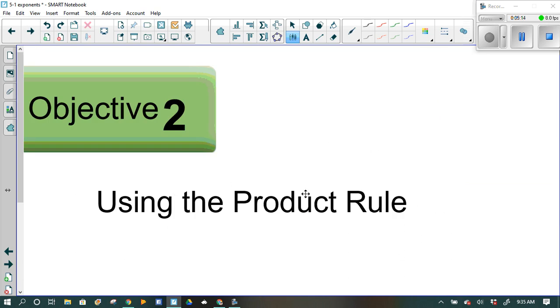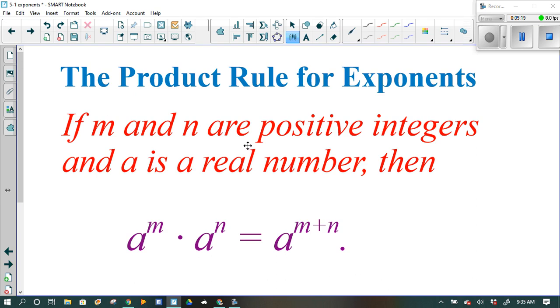All right, so we're going to use our first rule, the product rule. So the product rule says if m and n are positive integers and a is a real number, then a to some exponent times a to another exponent equals a to the sum of the exponents.